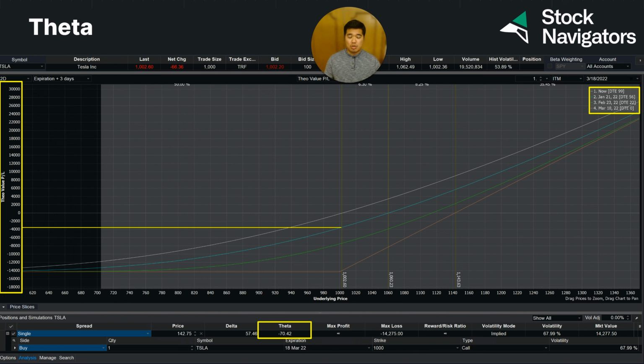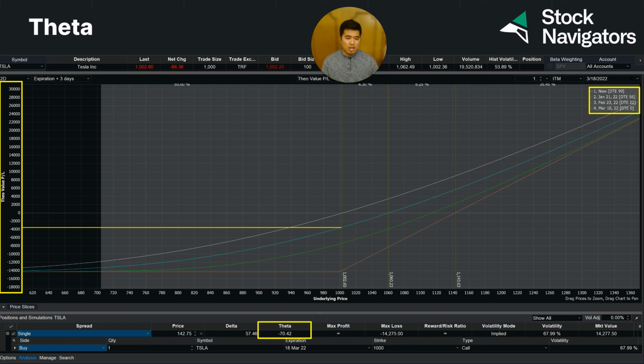To demonstrate the effect of time decay, let's say by January 21st, 2022, the price of Tesla does not move at all and stays still at the current price of $1,000. Then the time decay subtracts money from your option, so now you are at a loss of about $4,000. Similarly, as time goes by, let's say the price of Tesla keeps going sideways.